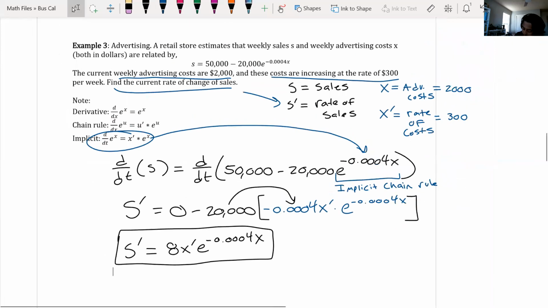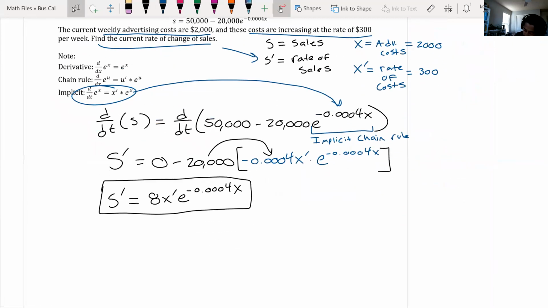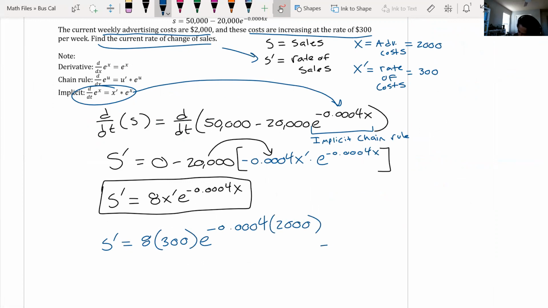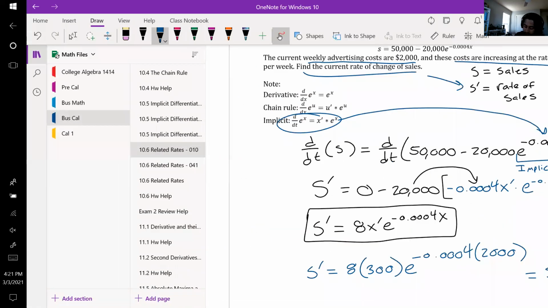So let's go ahead and do that. S prime is going to be 8 times 300 times e to the negative 0.0004 times x, which is 2,000. And let me Desmos this really fast so I can show you how to type it in.